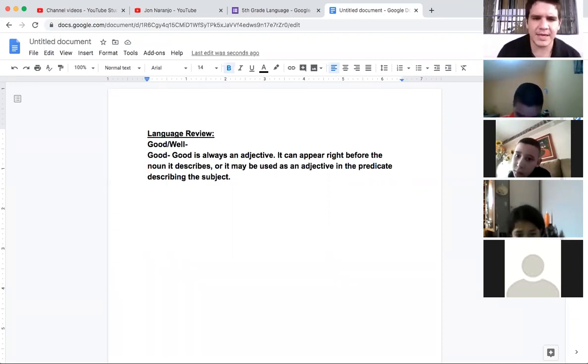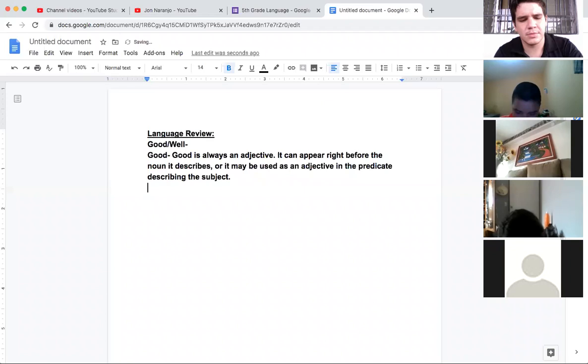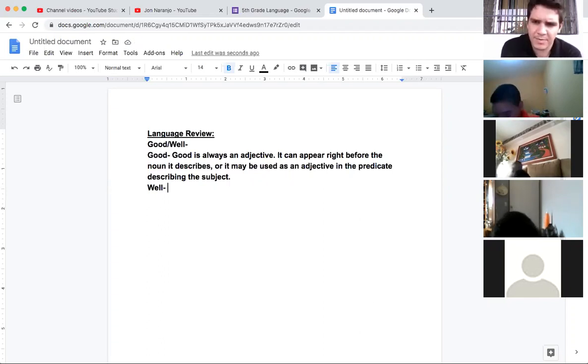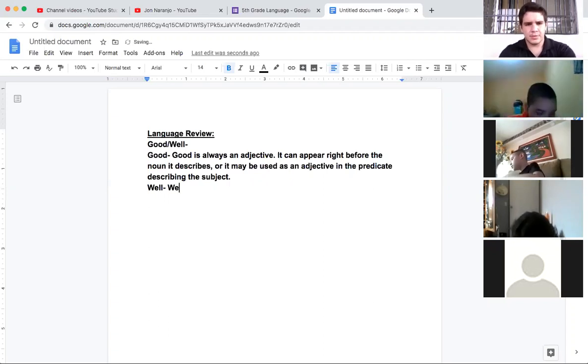And then now we have well. Do you have your book open on page 104? I want someone to read that for me. Where it says well is a what? Well is an adverb or adjective.